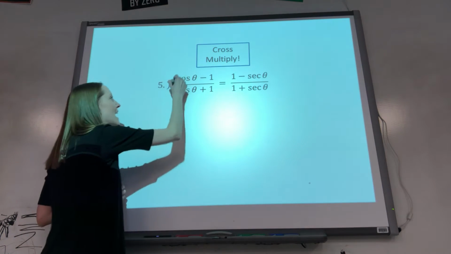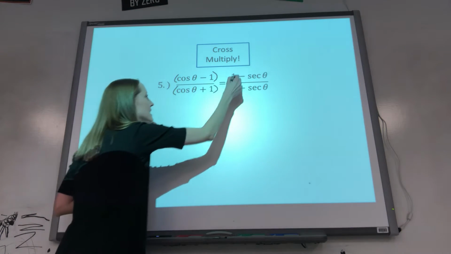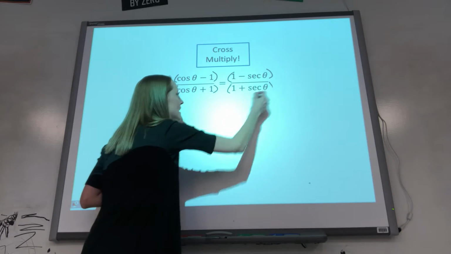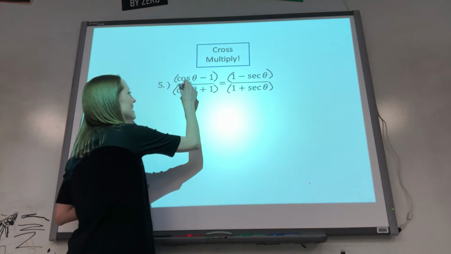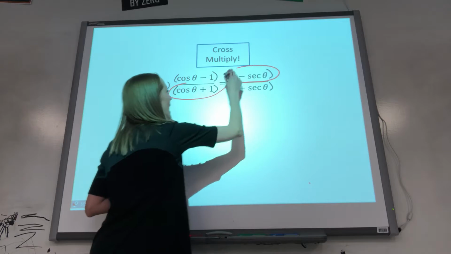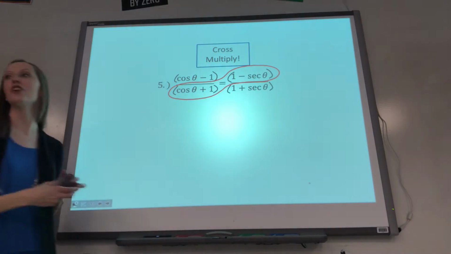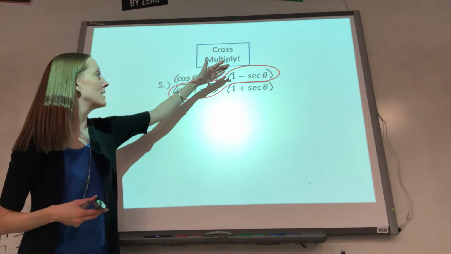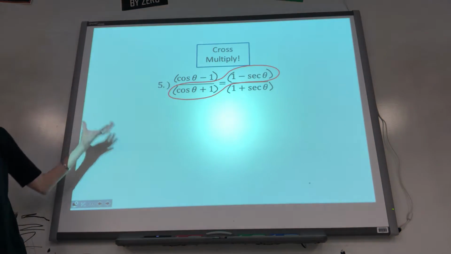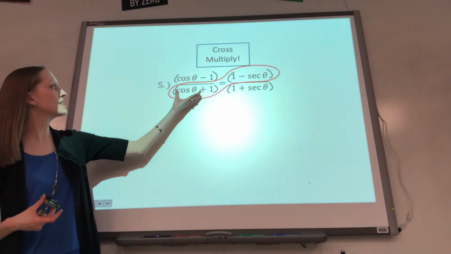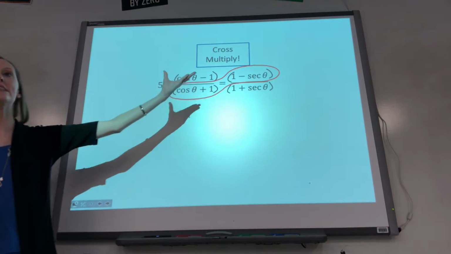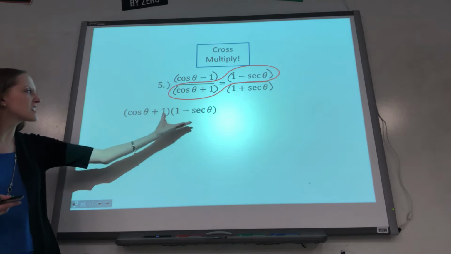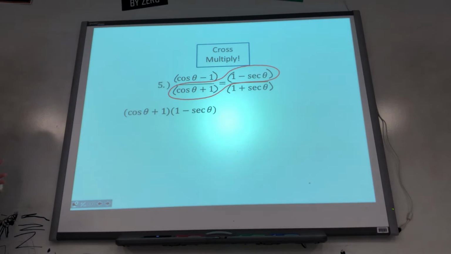Now I actually kind of like to think of each one of these in parentheses when I do this, just so my brain knows what to keep together. And it does not matter which diagonal you multiply first. I usually just go with this one. And so for right now, when I take cosine of theta plus 1 times 1 minus secant of theta, I'm just going to put them right next to each other for the time being.